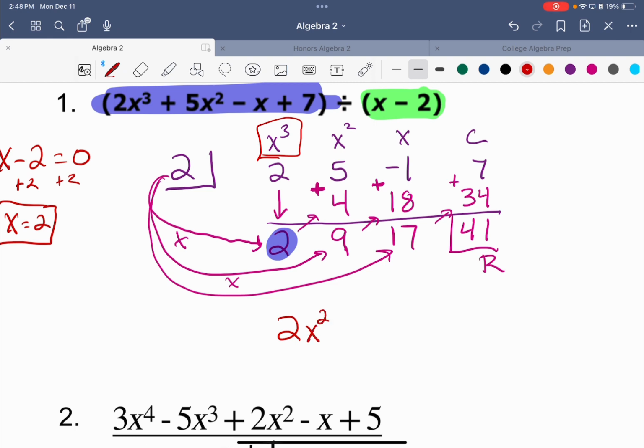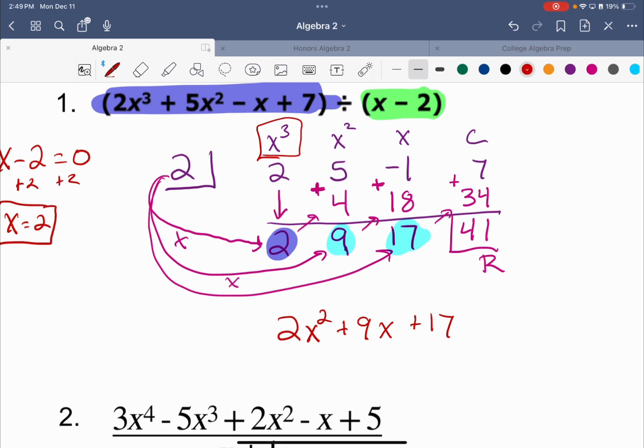We're going to take it down one exponent, so it's going to be 2x squared. And now we're just going to continue to write those two numbers. So we're going to go plus 9. And now we're just going to keep going down the line. So it's going to be 9x. 17 is going to be our constant at the end.